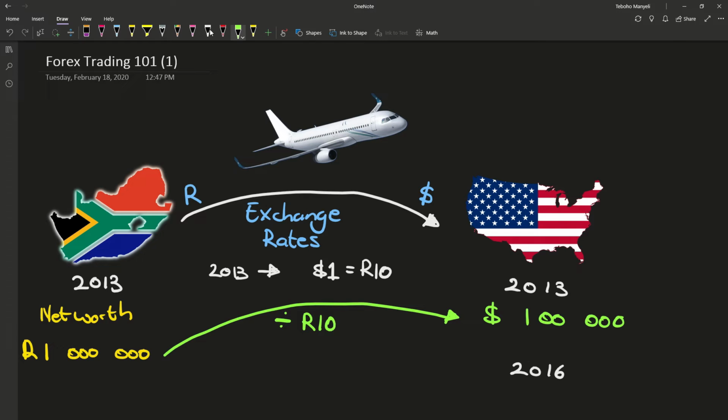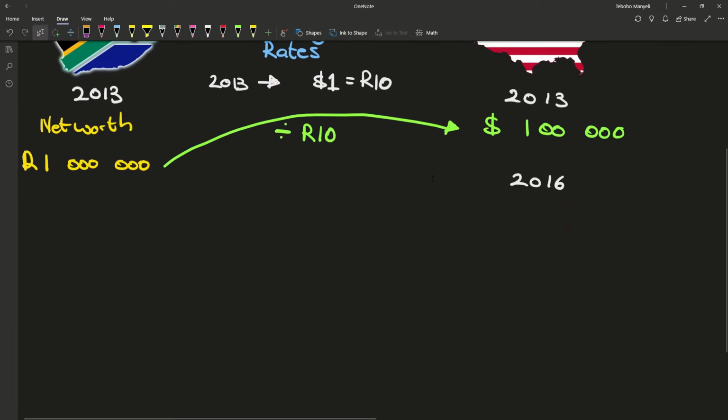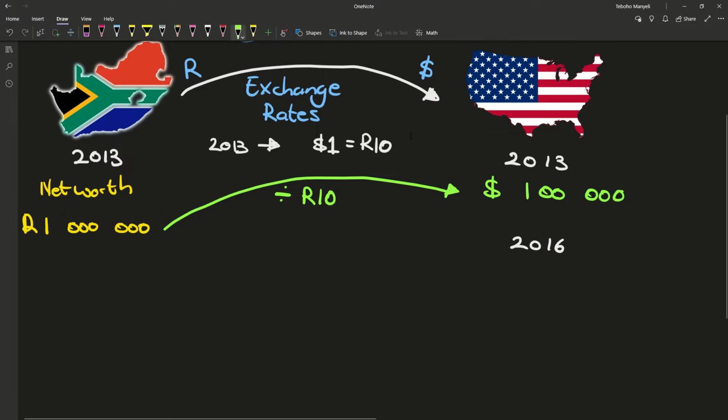Okay, so years go by. Obviously 2016 gets here after 3 years and you're still sitting with a total of $100,000. So I don't know where you're getting all this money to live there but not spending the $100,000. But let's say it's your savings account, whatever you like at this point.